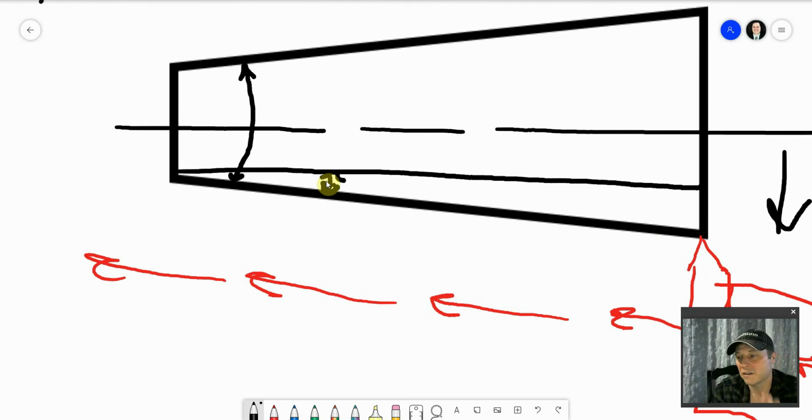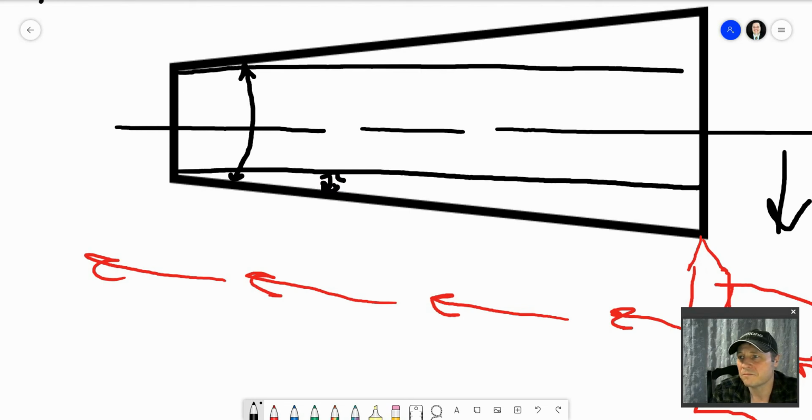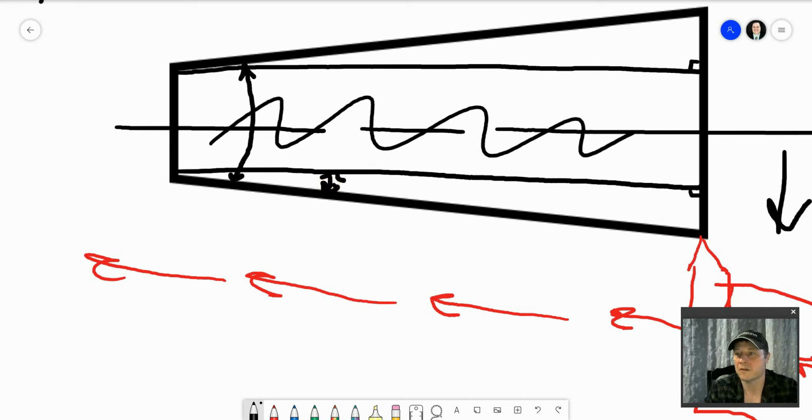And I know this is a little hard, especially if you have troubles with trig, okay? But remember, these are two right angle triangles. So essentially what we're doing is figuring out what this angle is. We don't have to worry about what's in the middle because these are two horizontal lines. It doesn't matter if they're that far apart, that close together, or if this is just a triangle.